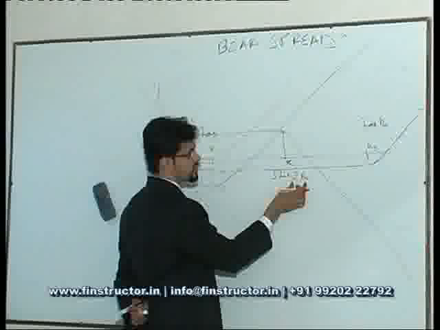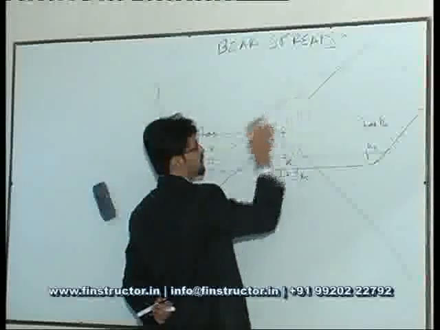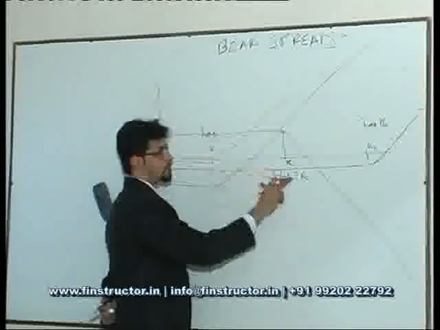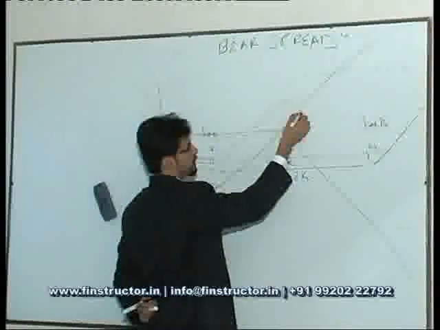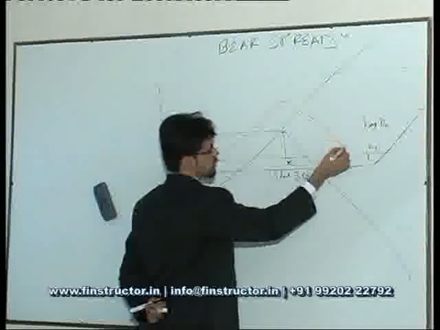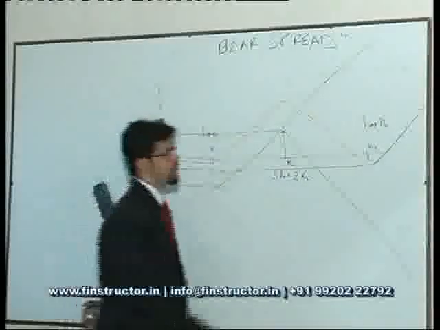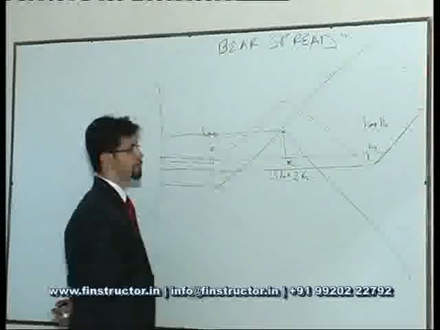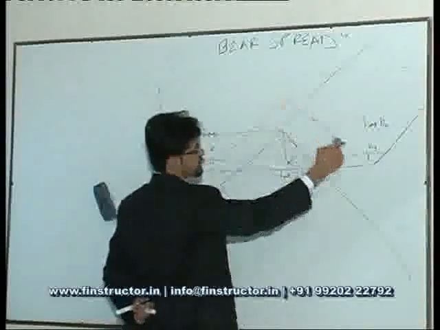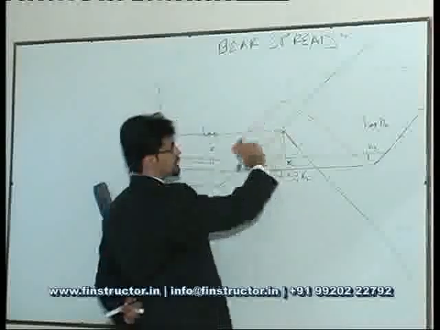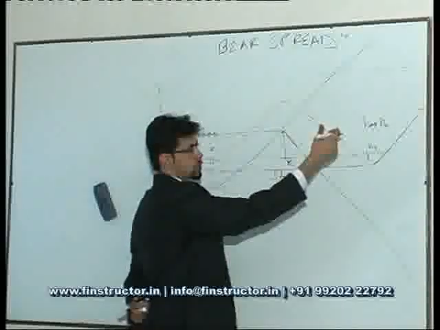But because my second option comes into play, I lose all the benefit I'm getting from my earlier option, and I'm going to start making a loss given by this line, which is a much steeper line than 45 degrees. This continues till I reach K3. This line is going to be exactly a 45-degree line because one option makes up for this profit, and the second option that I'm short causes a loss as the spot goes up.